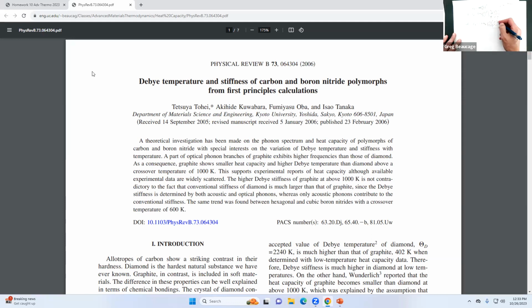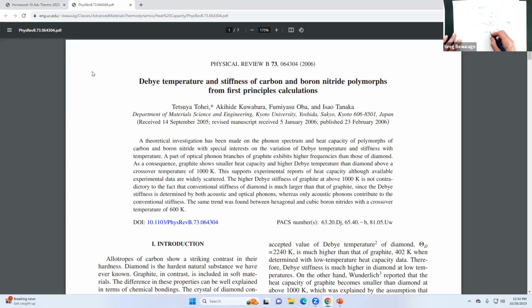So Einstein's going to have a fixed energy, the Einstein energy, which is the Einstein frequency times Planck's constant. That's going to be related to the Einstein temperature, theta E, which is h times the Einstein frequency over k.